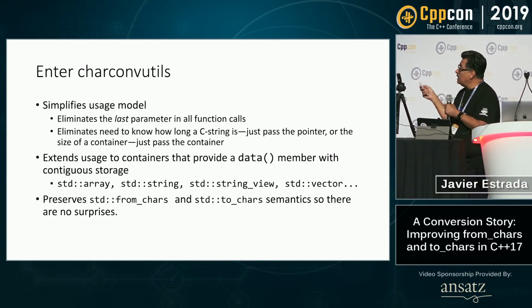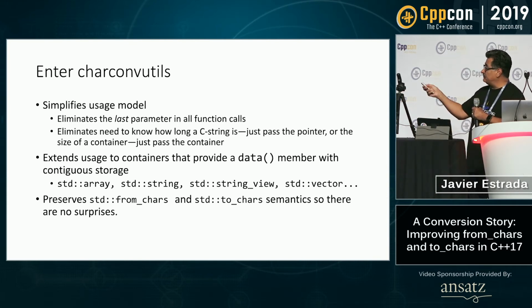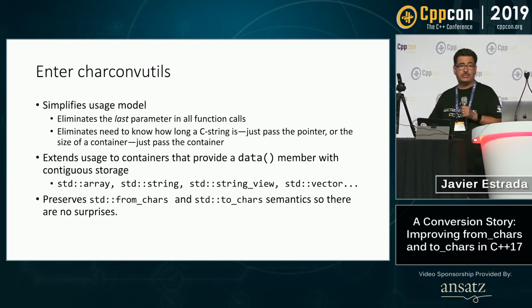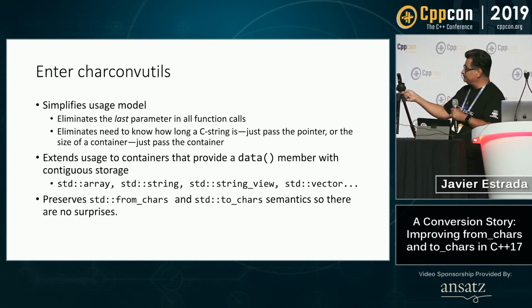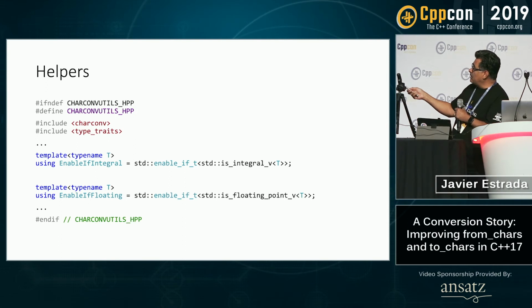You don't need to know how long a C string is, just pass the pointer. And it extends to containers that provide a data member, contiguous storage, anything that is there. And it also preserves, this is important, the semantics so there are no surprises. The reason is that with to_chars, when you get back the pointer, it's not null terminated, which can be a surprise.